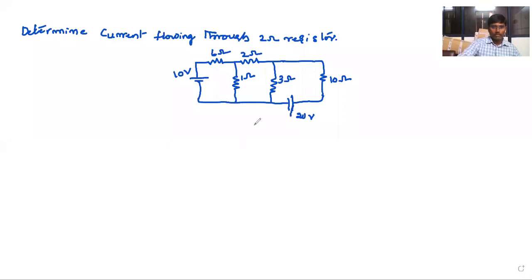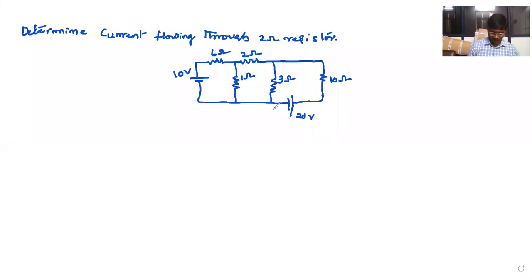Okay, so in the mesh analysis, first you need to identify the loops. After that, for every loop you have to assign some current direction. So here there are 3 loops, 1, 2, 3. So you have to assume 3 loop currents.